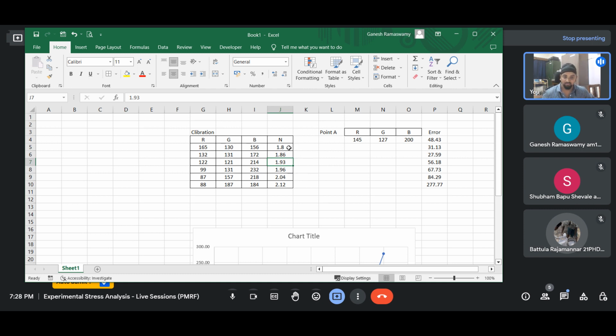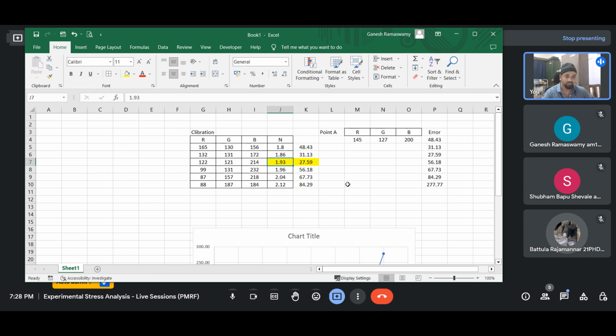So this is the least error. So if I'll just put the error here, these are my error values for point A. So I can see that 27, this is my least error, which would imply that the fringe order at point A, I can take it to be 1.93.